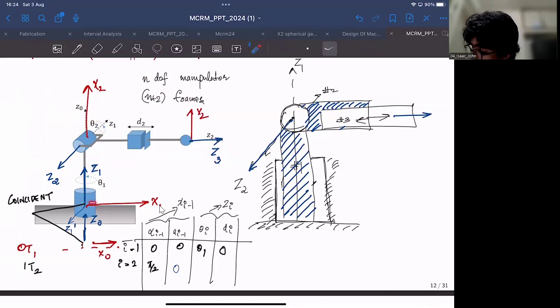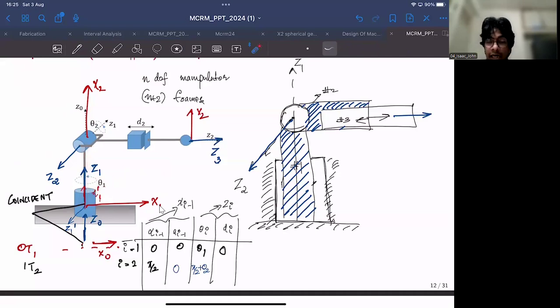There is already a 90-degree offset between x1 and x2, so the total orientation between x1 and x2 about z2 would be pi by 2 plus theta 2, right? Once you rotate x1, it will be something like this. I'll label it x1 dash. So now we have z1 dash and x1 dash. Now they are fully aligned, but we also have this offset.